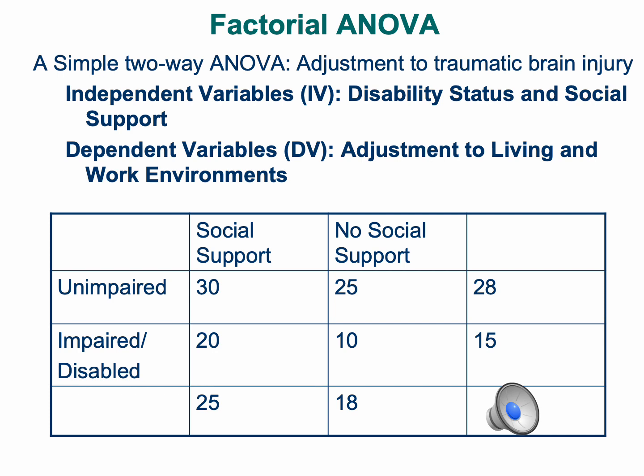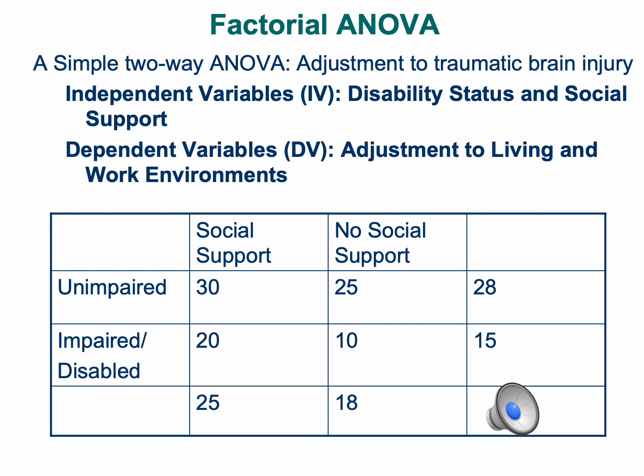Now, see how those things interact? There's not just main effects here. There's an interaction between being impaired and benefiting from social support. If the results came out this way in the study, and they were statistically significant, I would conclude that people who are impaired benefit more from social support than people who are unimpaired. And if you're impaired and disabled and you don't have social support, you'll have a very bad outcome.